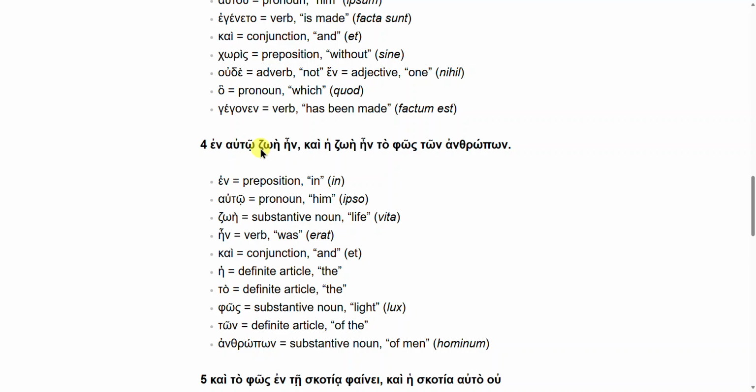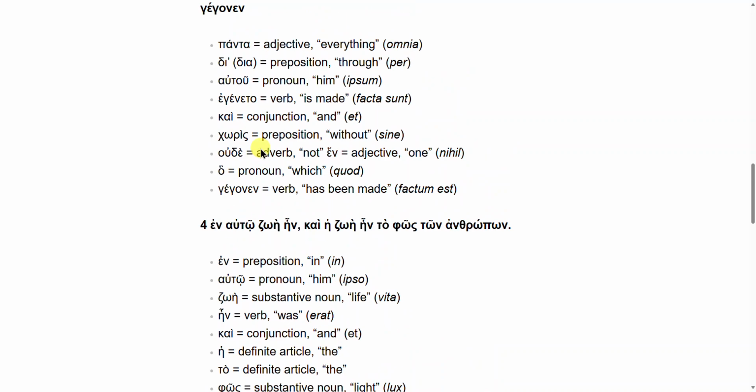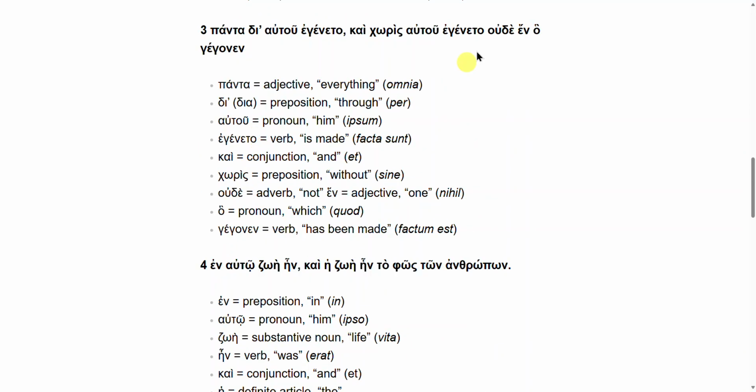I said before you need to be careful to note the difference between the zeta and the delta when you're getting started. You can see right here there's a delta, and here is the zeta. So make sure you keep those two consonants clear in your mind as you read. This is equivalent to the Latin zeta or English z.